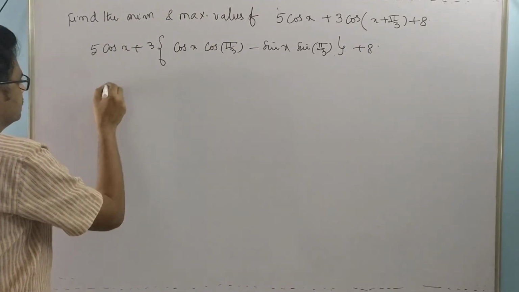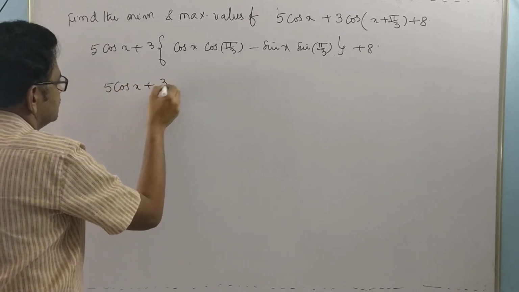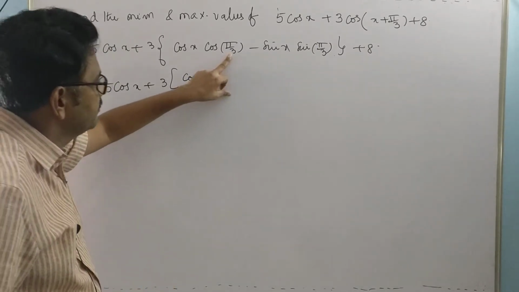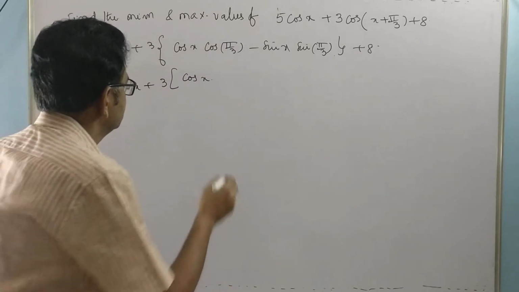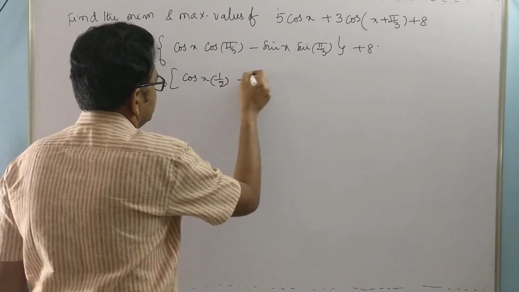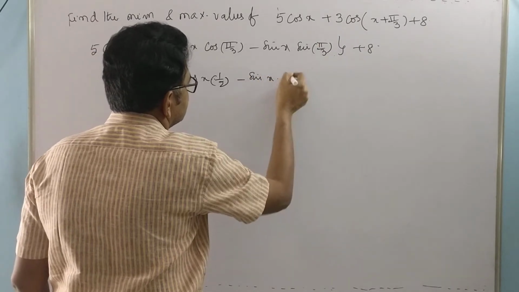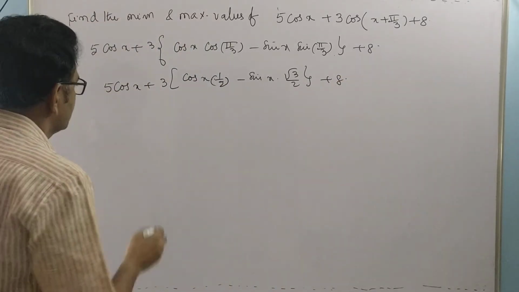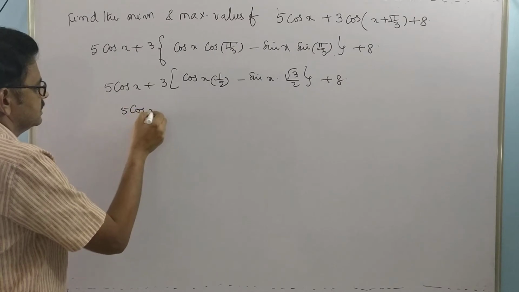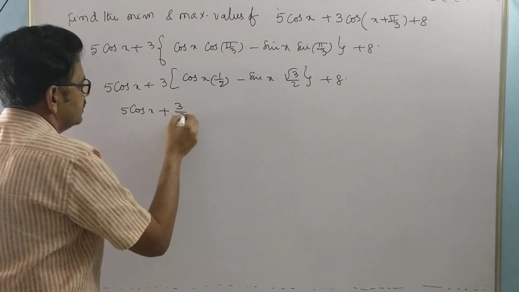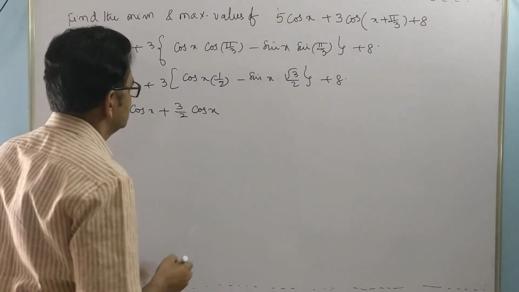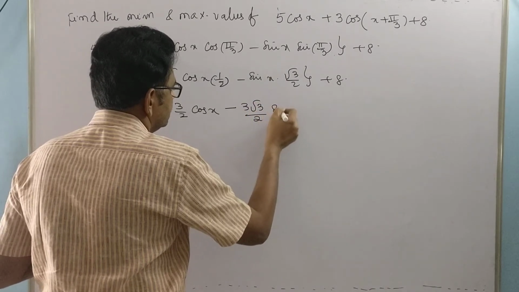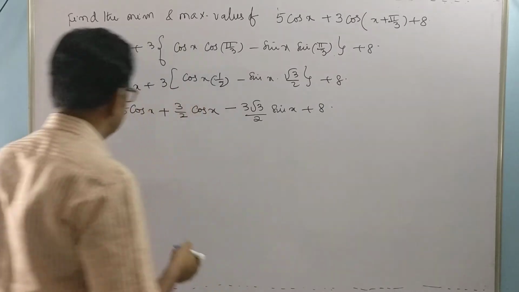Pi by 3 means 60 degrees, cos 60 is 1 by 2, sin 60 is root 3 by 2. So this is 5 cos x plus 3 by 2 cos x minus 3 root 3 by 2 sin x plus 8.